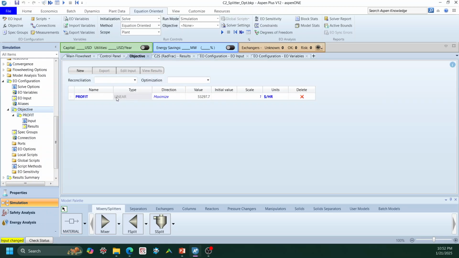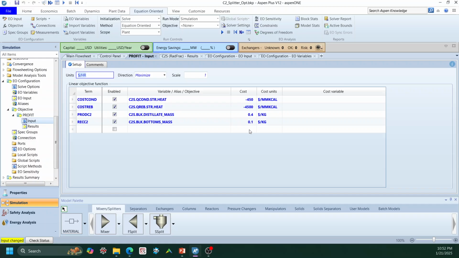Now, when we create it, this is how we put the price. If we are getting money, we put positive, like in this case. If we are losing money, we put negative, like in this case. So that's basically what it is. This guy multiplied by that guy, this multiplied with that, and then we sum all of this as the objective function.